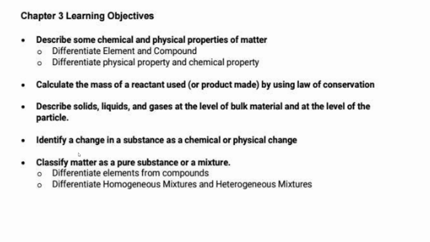So for chapter 3, the area that we're going to focus on today is being able to differentiate between an element and a compound, and differentiate physical property from chemical property. So we're going to be looking at matter in terms of physical characteristics versus chemical characteristics, giving a fuller definition of matter than we did in chapter 1.